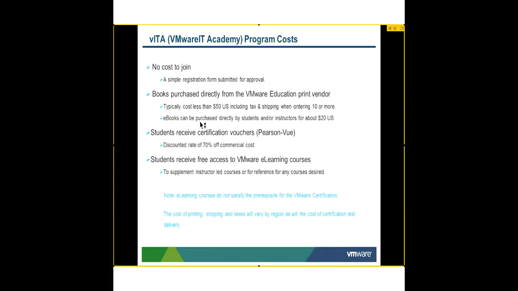So if your bookstore is a little bit of a nuisance, you can just bypass it and have the students buy the books directly. Same thing for the instructors as well. Students get a discount on the certification exam, so 70% off what the commercial cost is.